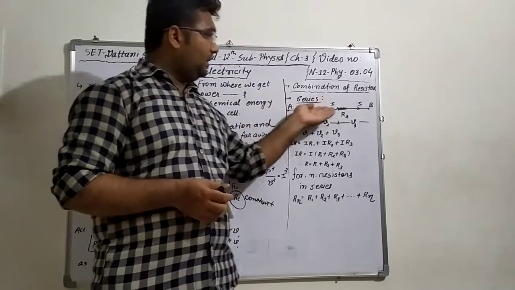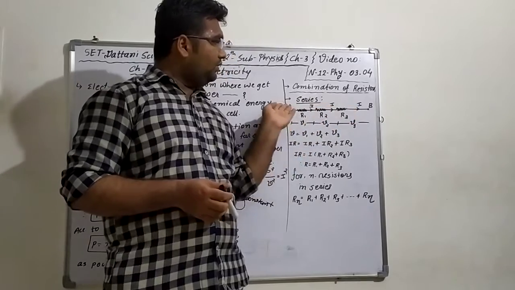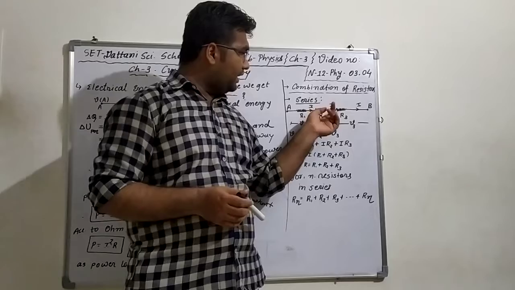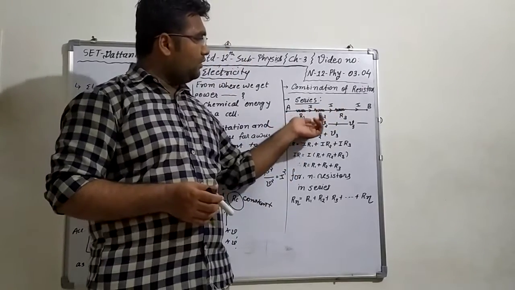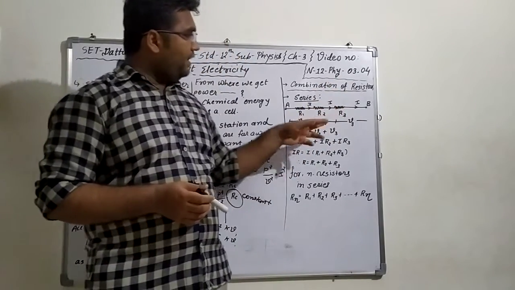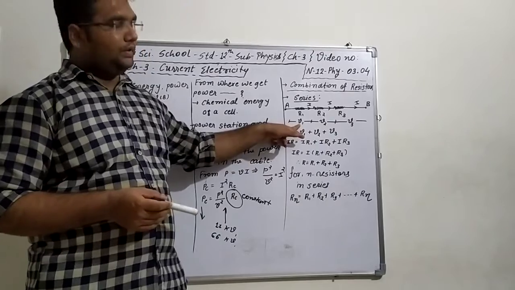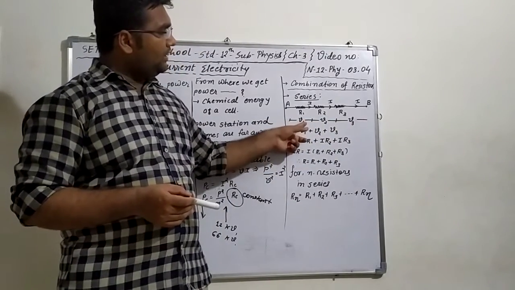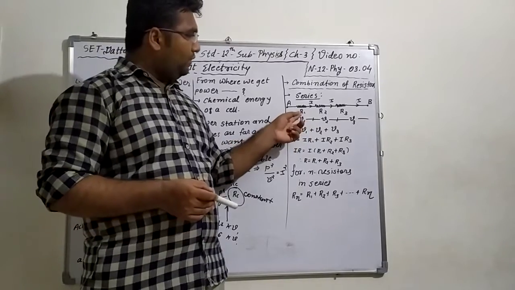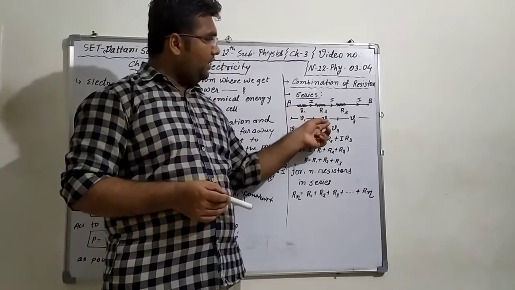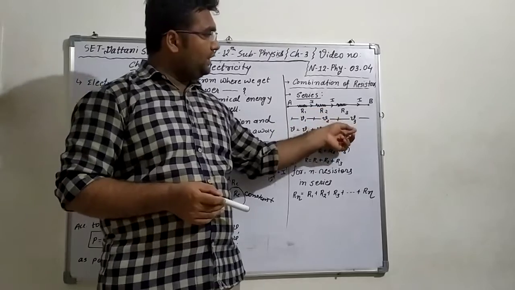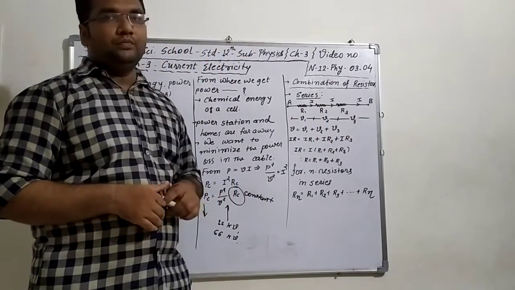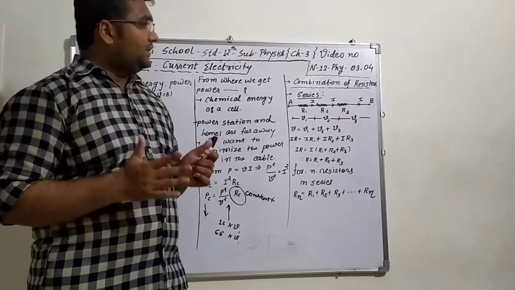So in this series connection, we have the same current I, and we have different resistances R1, R2 and R3, and different voltage drops V1, V2 and V3. V1 is the voltage drop for R1, V2 is the voltage drop for R2, and V3 is the voltage drop for R3.